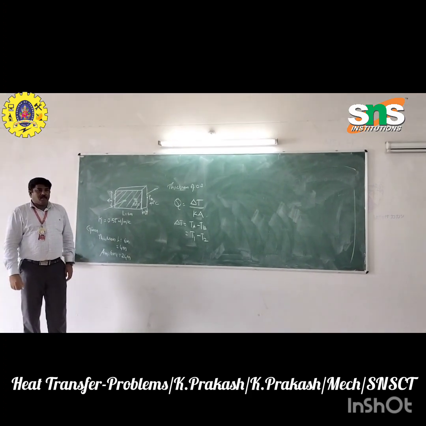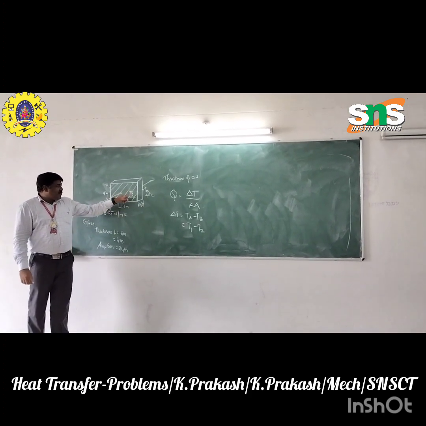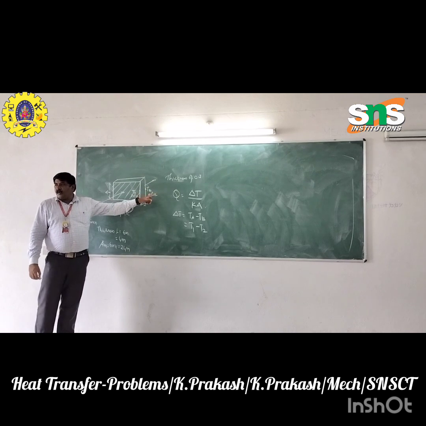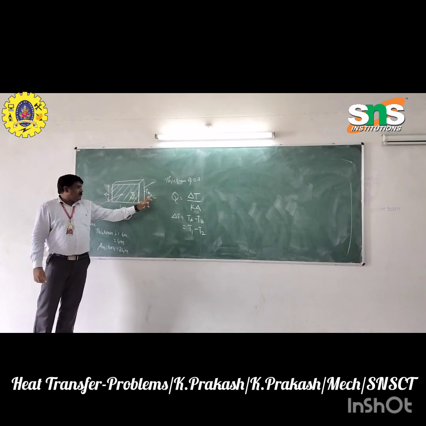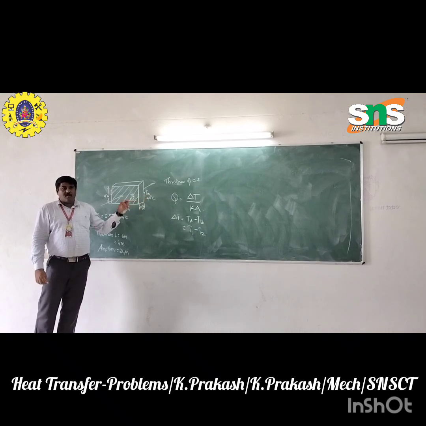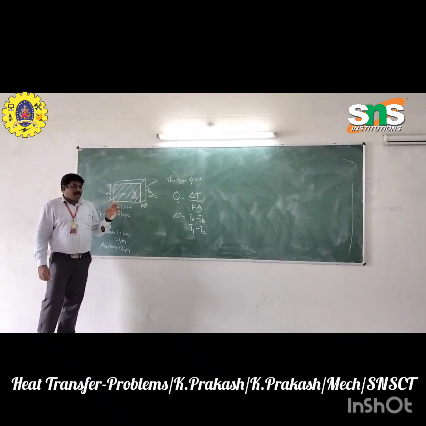Here T1 is the temperature of the inner surface and T2 is the temperature of the outer surface. This is given in Celsius, so we have to convert into Kelvin.